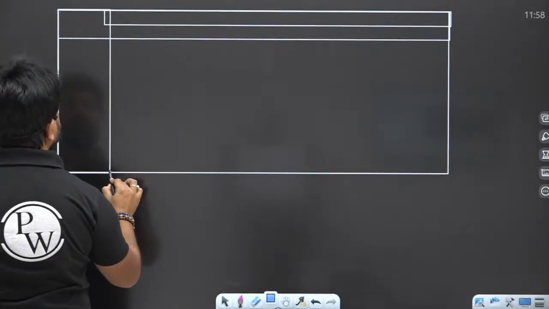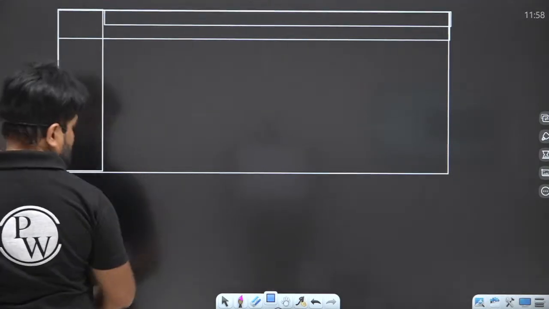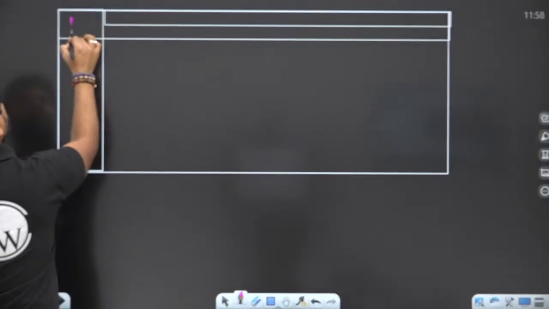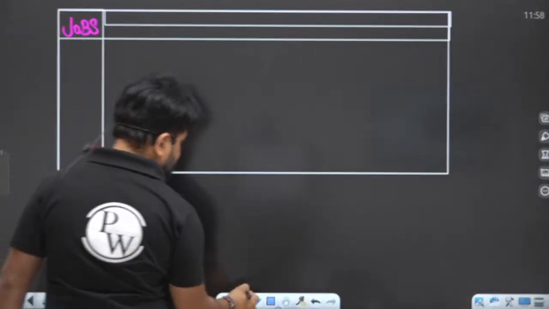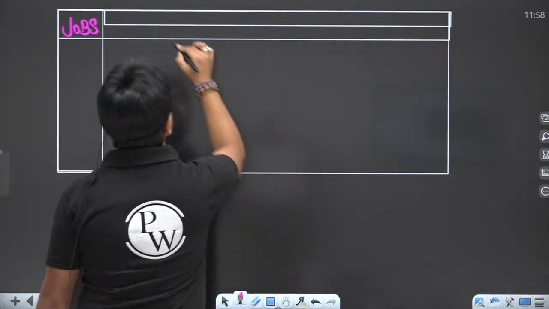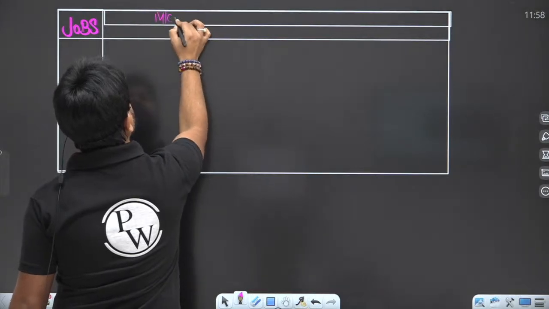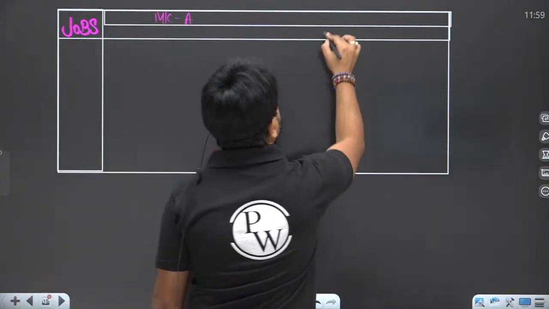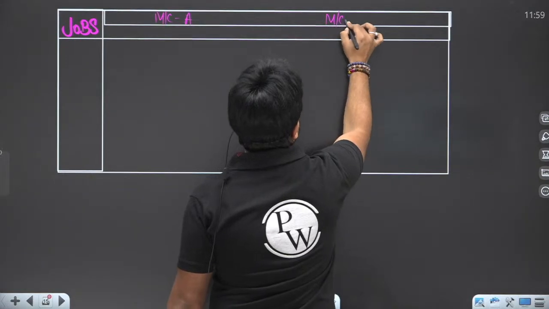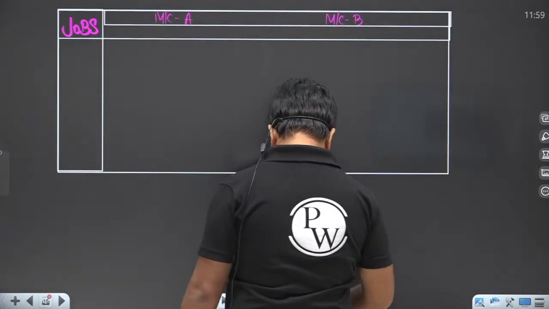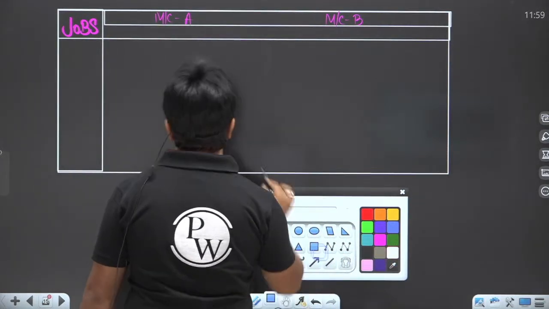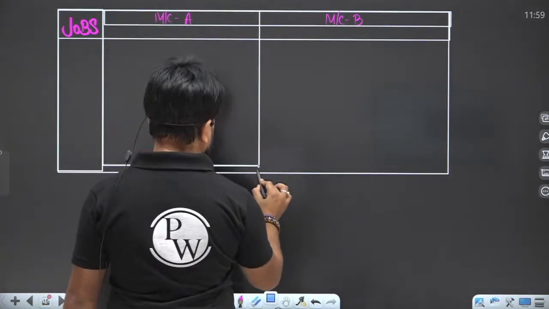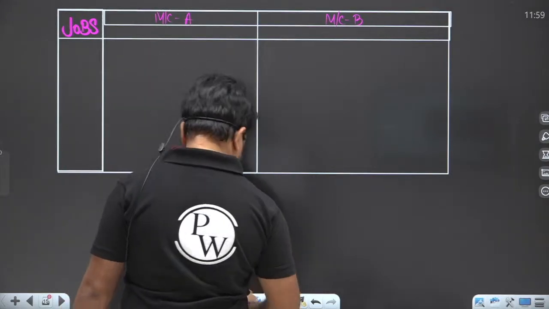This is your job. So here jobs. Write down here machine A, and write down there machine B. Now divide this again.